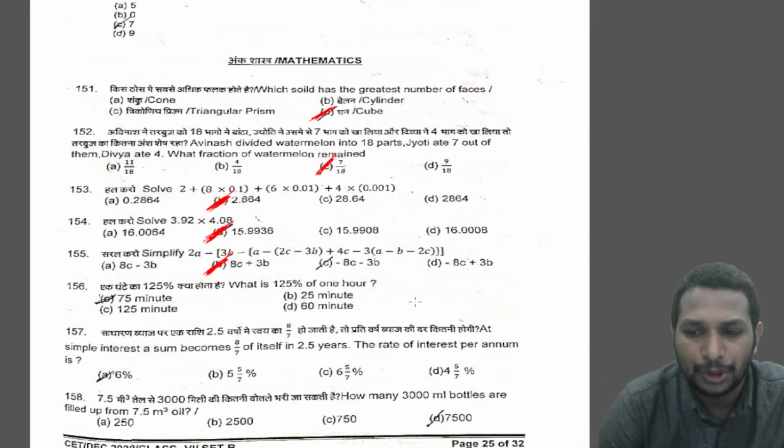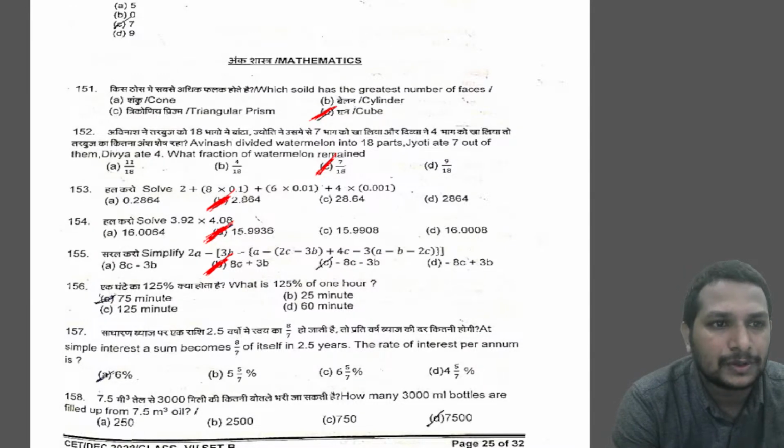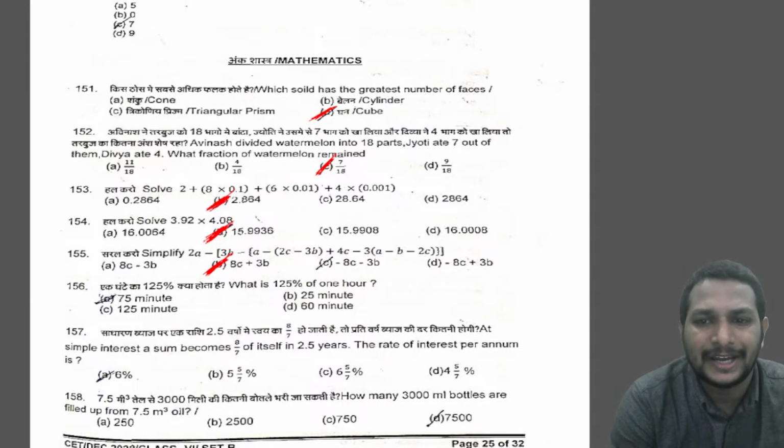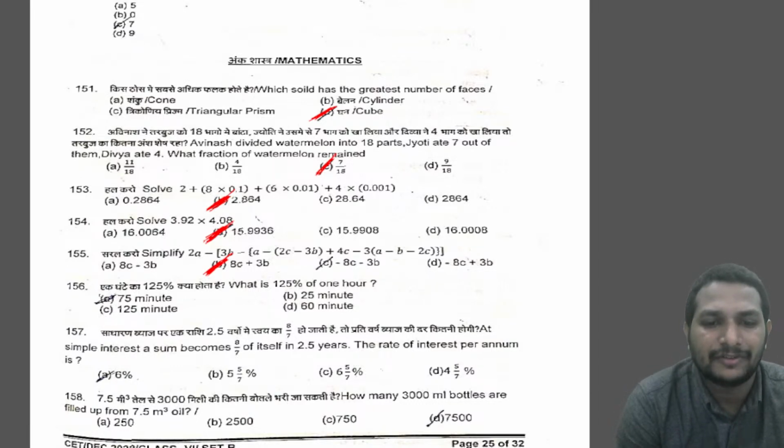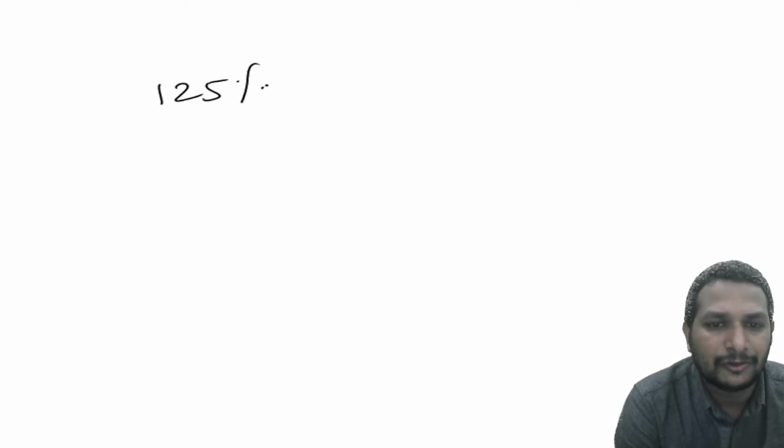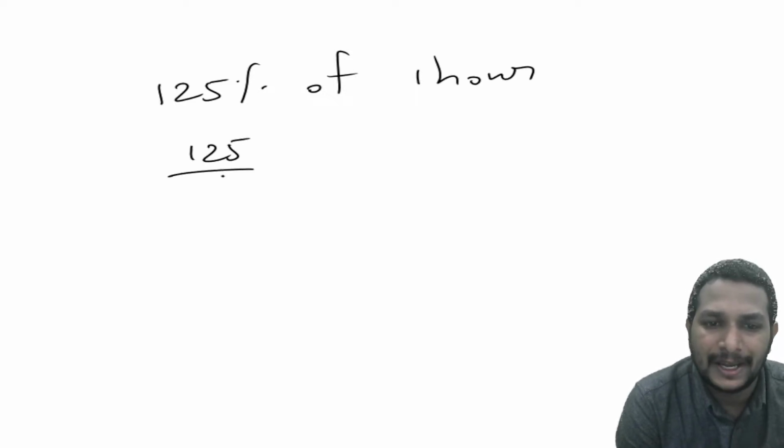Now, let's see question number 156. They're asking for 125% of 1 hour, based on percentages, right? 125% of 1 hour means 125 by 100 into 1 hour.